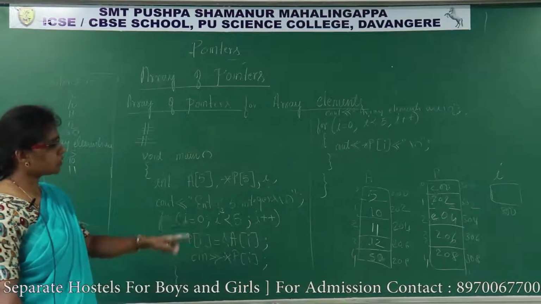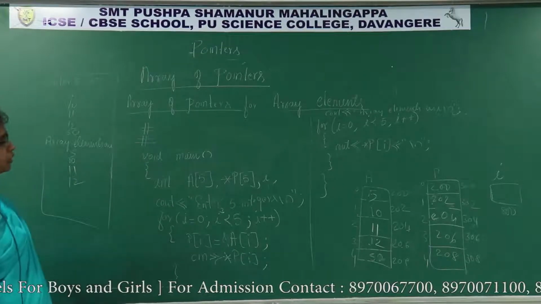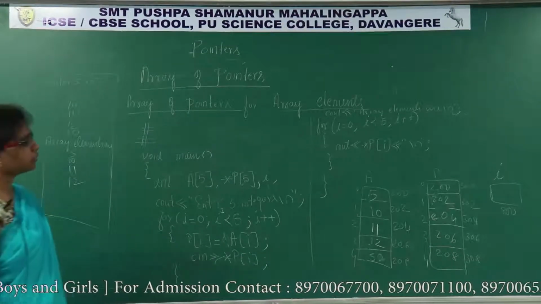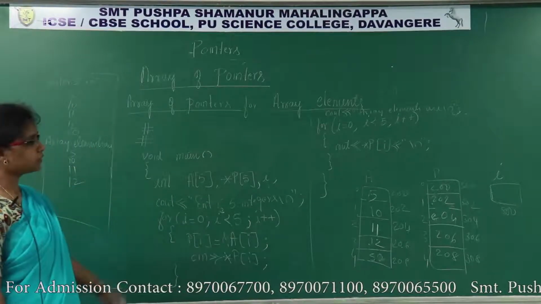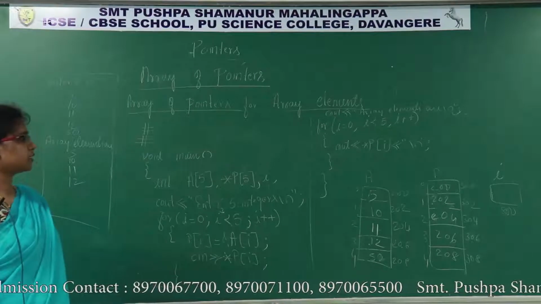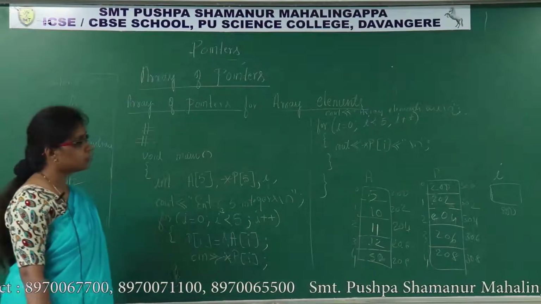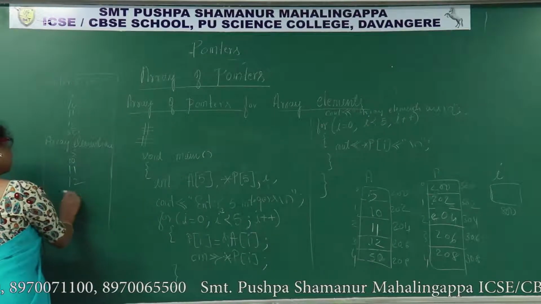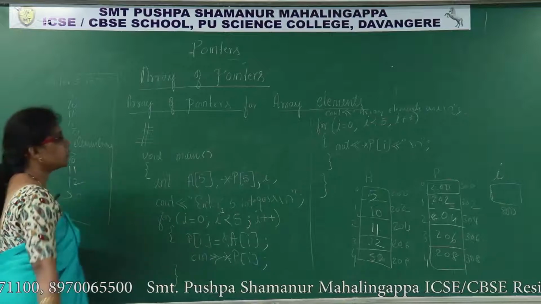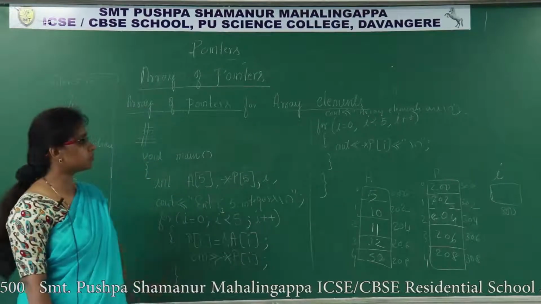Star 206, 12. 12 will be displayed on the screen. I increments, I becomes 4. 4 less than 5, it enters. P of 4, what is there in P of 4? 208 is there. Star 208, 50 will be displayed. Now I increments, I becomes 5, 5 less than 5, condition false, it terminates from the loop.